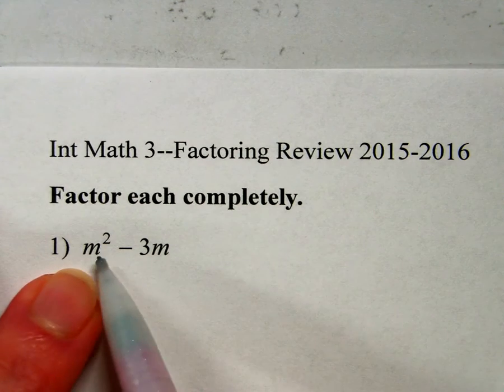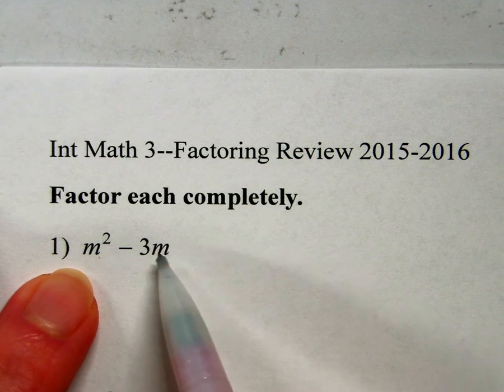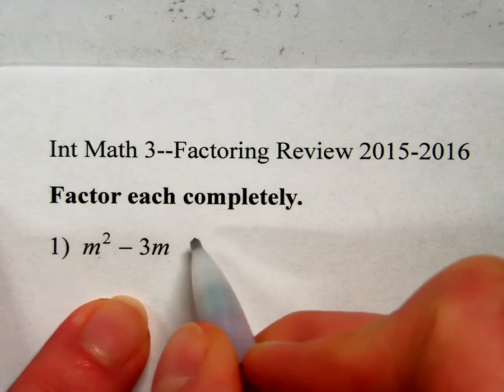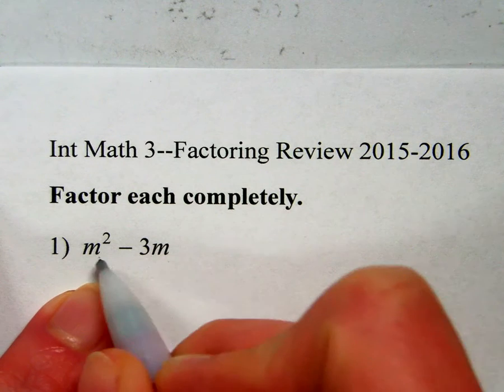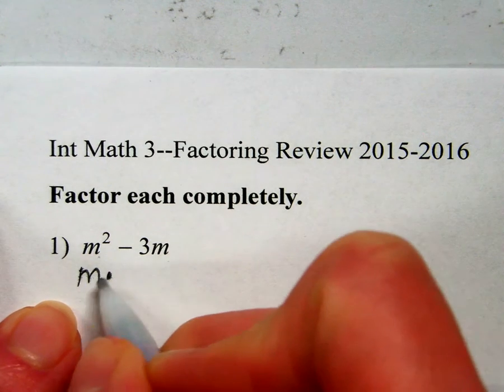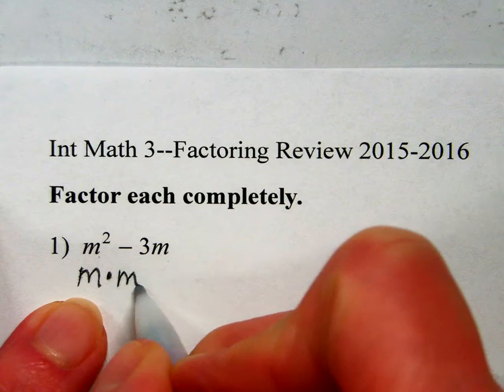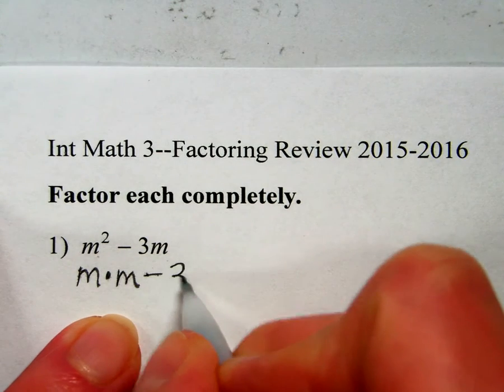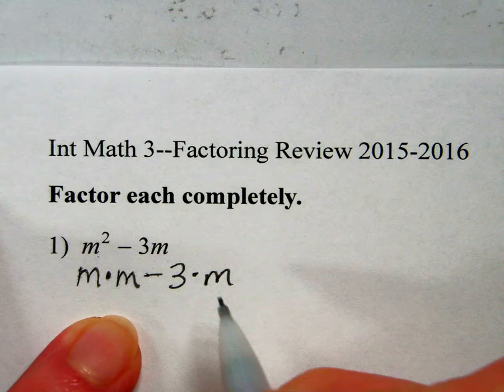So when I look at this first problem, I notice that both terms have an m in it. The way that we looked at this last year was we could write each of these terms out in expanded form, where m squared means m times m, and then you can write minus 3 times m.